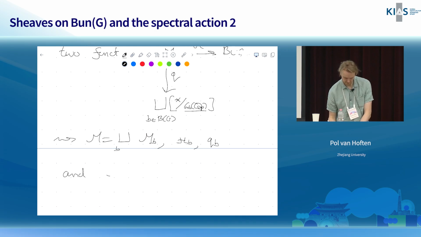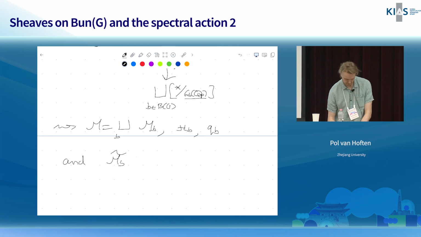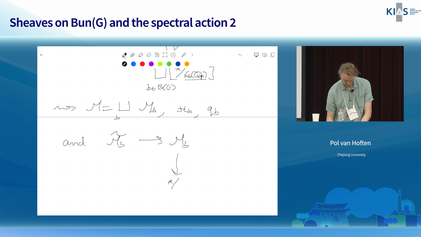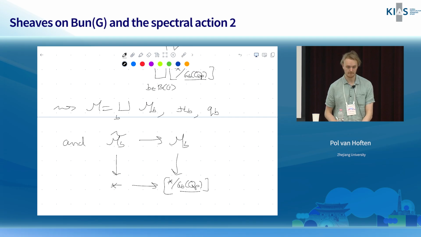I have a Cartesian diagram: M_b tilde over M_b mapping to point mod G_b(Q_p), and this just maps to the point. So there's a natural torsor over here.